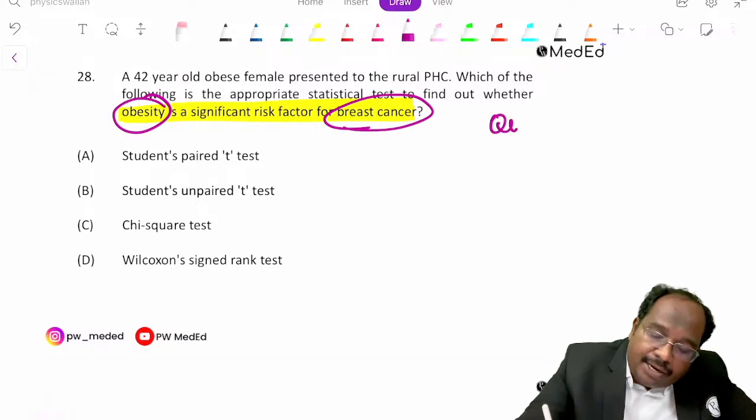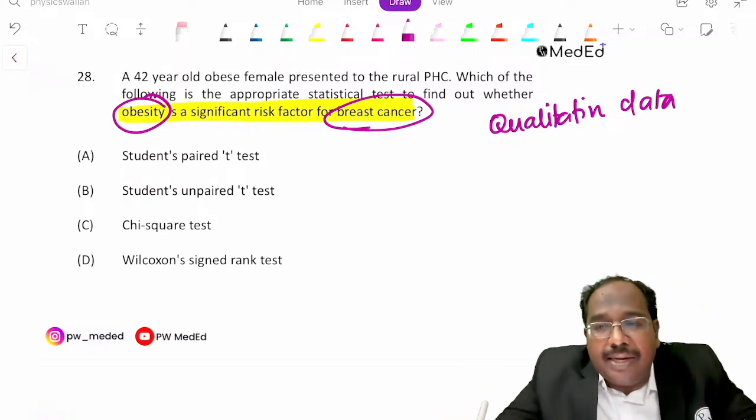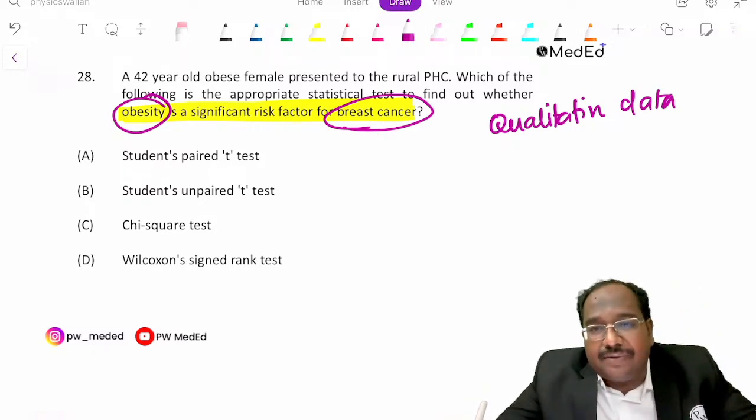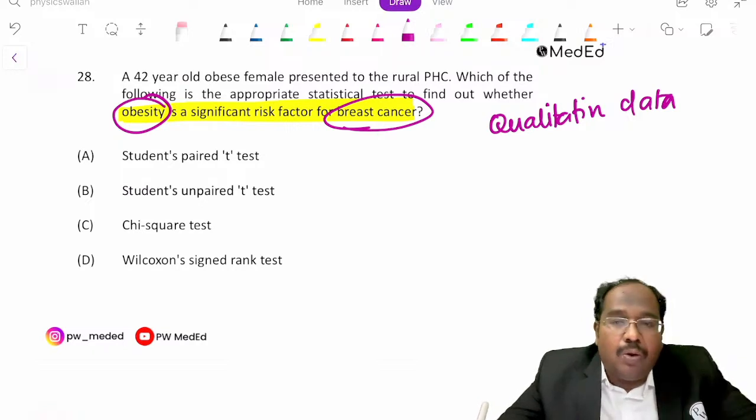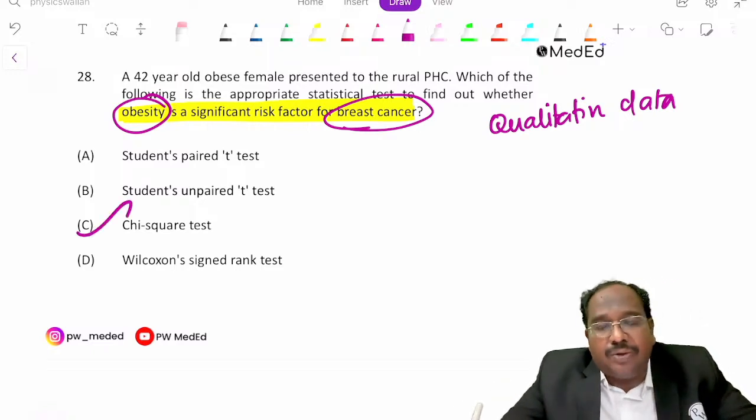Both are qualitative data. For qualitative data, the only test of significance we can use is the chi-square test.